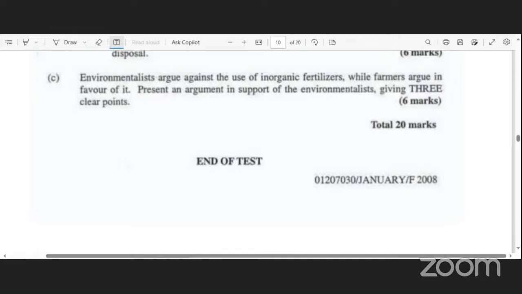So what are the 3 points that you would put across? Come on, students, what are inorganic fertilizers?